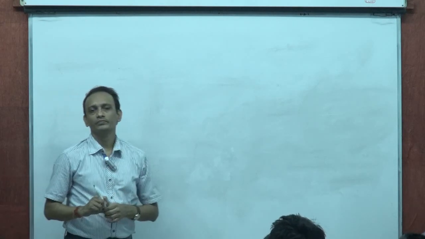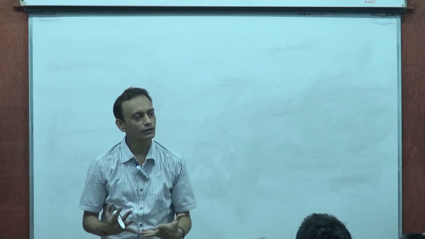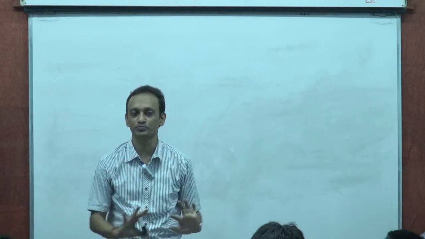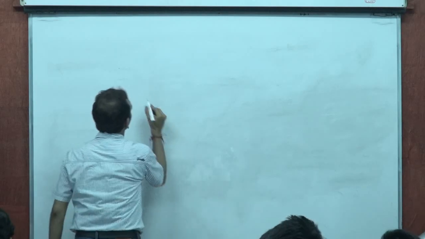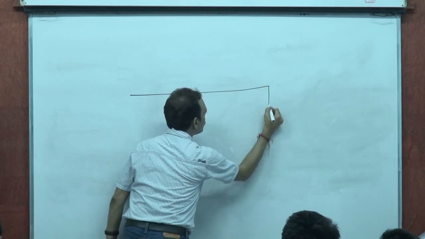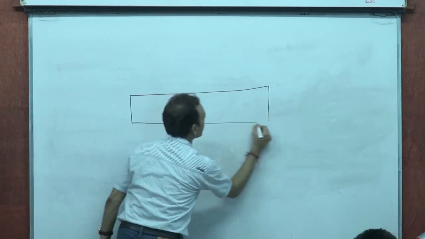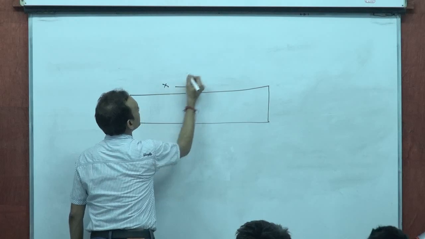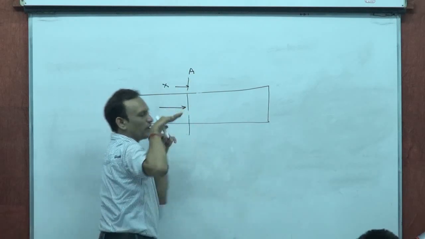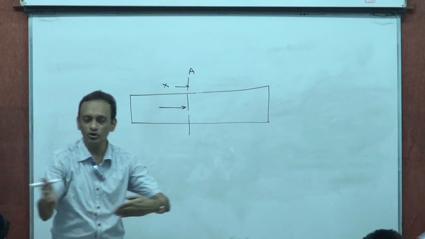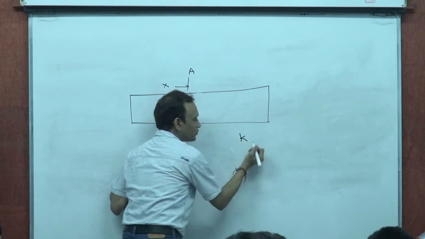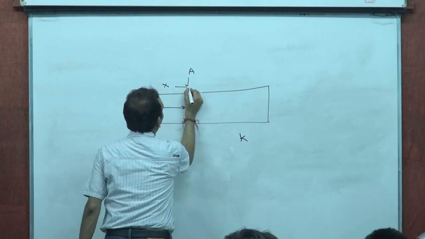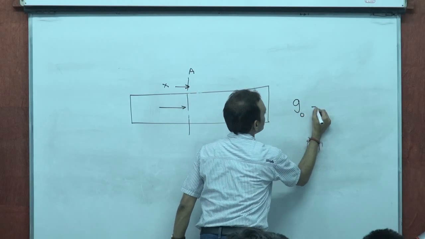Now, let me look at the simplest form of the heat conduction problem. The simplest form would be when you have a uniform cross-sectional area, heat flowing through a uniform cross-section. This cross-section at any given x is A. Heat flowing perpendicular to A. Uniform cross-section A, K equal to a constant, the thermal conductivity a constant, and no internal heat generation, G naught is 0.